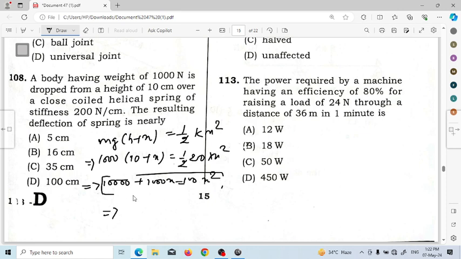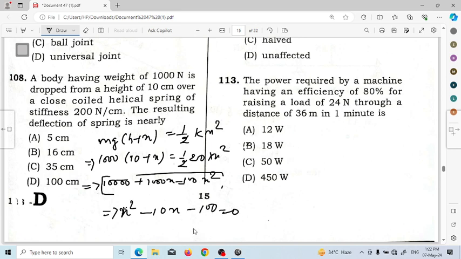After solving this equation, dividing both sides by 100, it will be x square minus 10x minus 100 equal to 0.